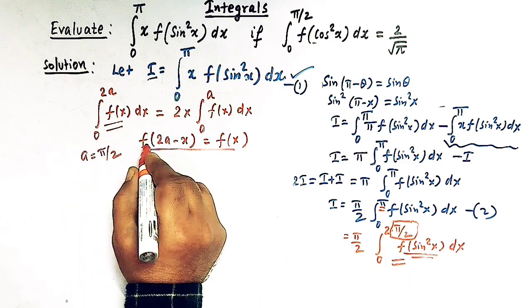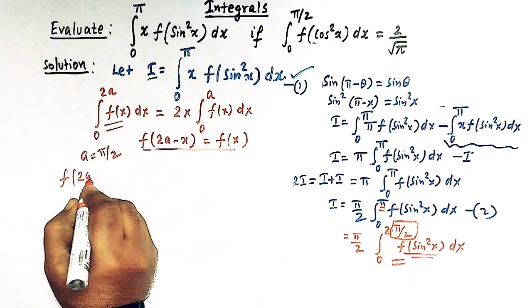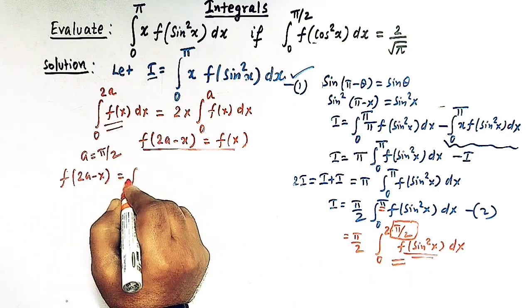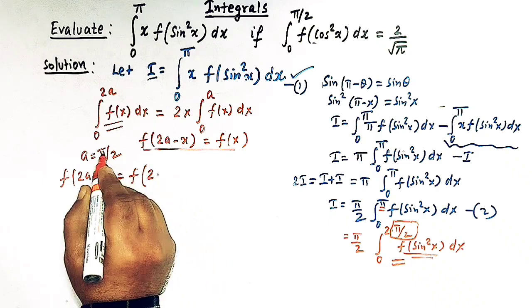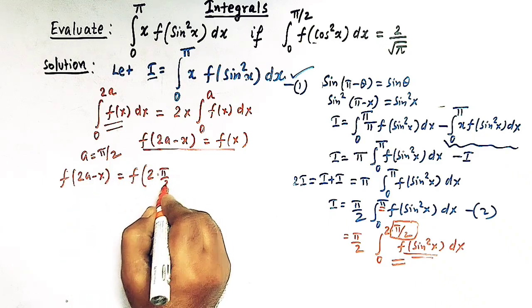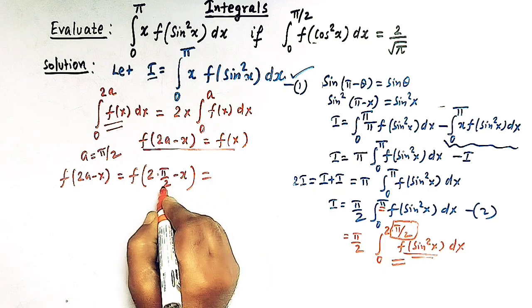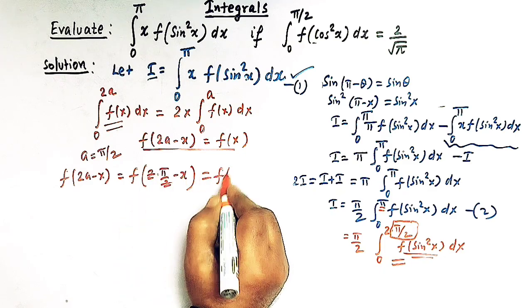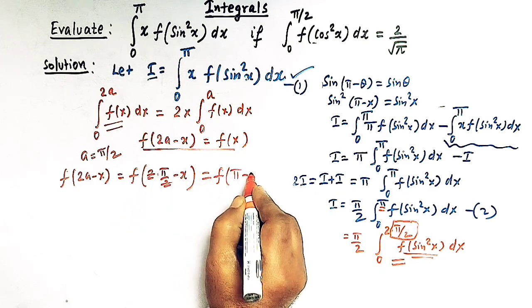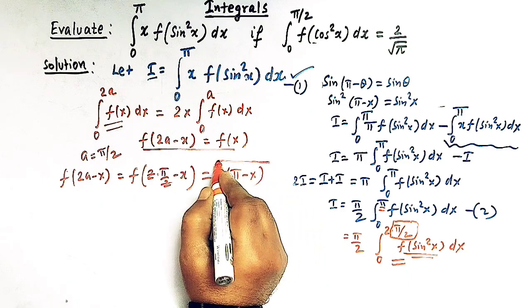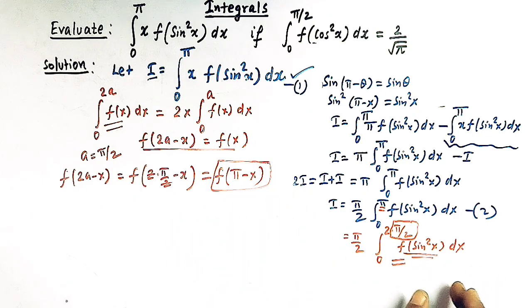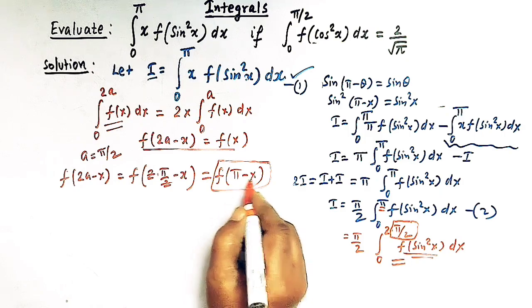So here f of 2a minus x is given by f of 2 times pi by 2 minus x, and this 2 and this 2 get cancelled, and we have f of pi minus x. And f of pi minus x can be obtained by replacing this x by pi minus x.